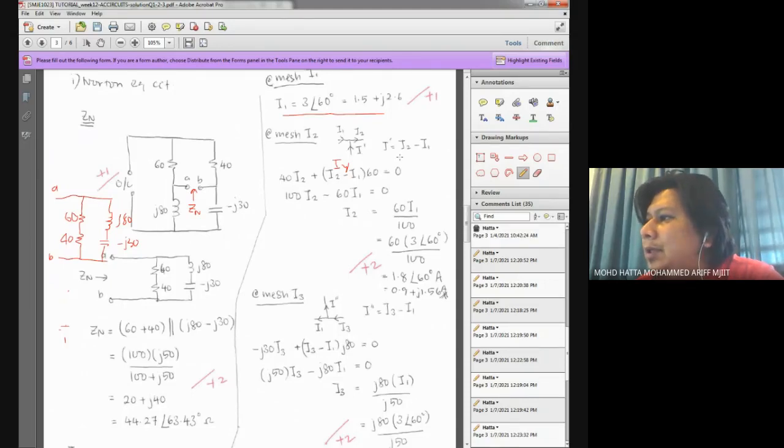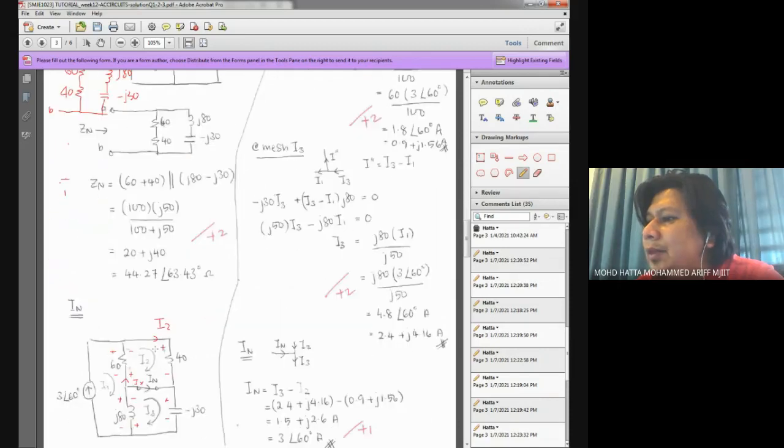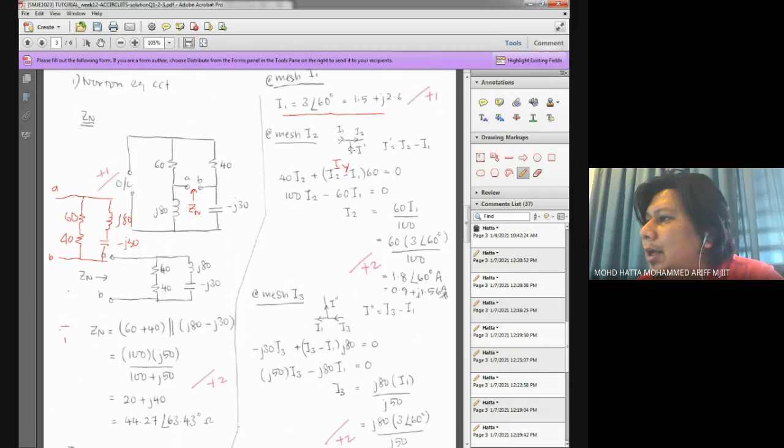So I prime is coming from this node. I assess this node because I know that this is a definite I1 and this is a definite I2. I just want to know what the current is in that direction at this branch. Looking at the simplified connection of the currents, I can tell that the current I labeled as IY just now is I2 minus I1.